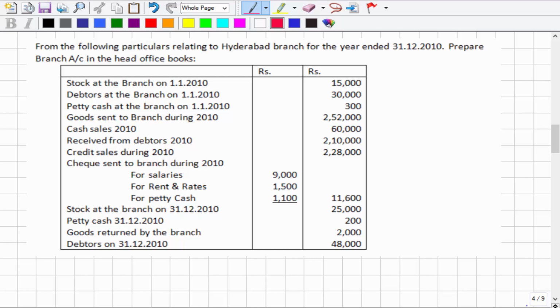From the following particulars relating to Hyderabad branch for the year ended 31st December 2010, prepare branch account in the head office books.